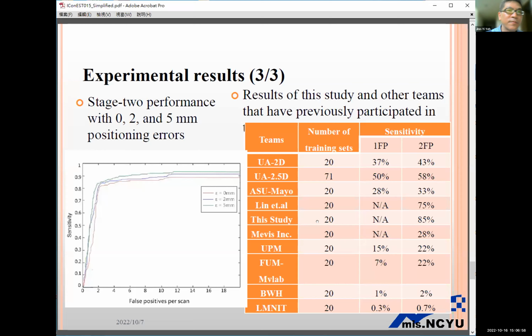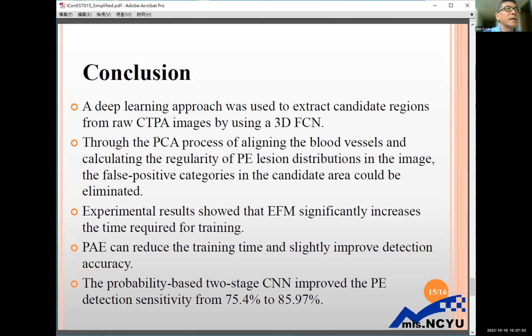So finally, a deep learning approach was used to extract candidate regions from raw CTPA images by using the 3D FCN, through the PCA process of aligning the blood vessels and calculating the regularity of the PE region distribution in the image. The false positive categories in the candidate area should be eliminated.